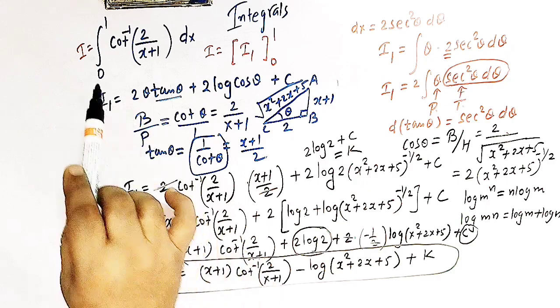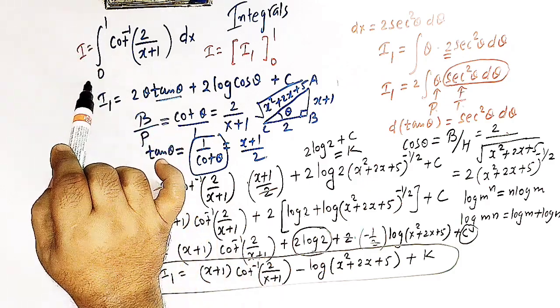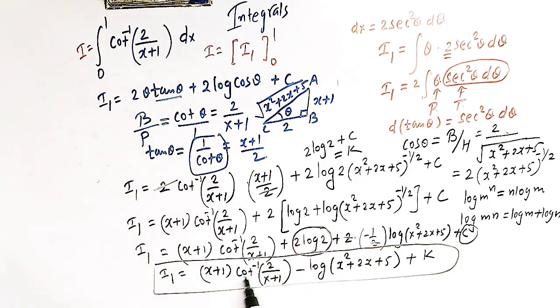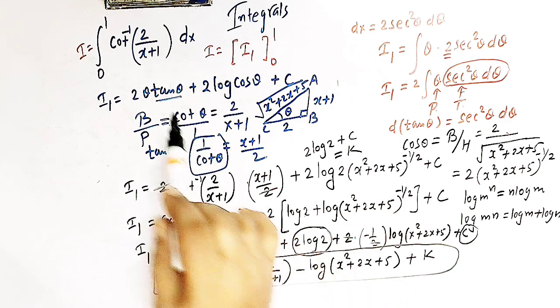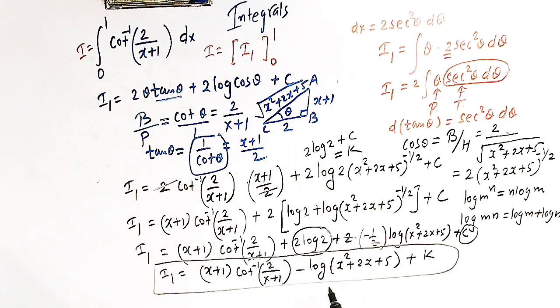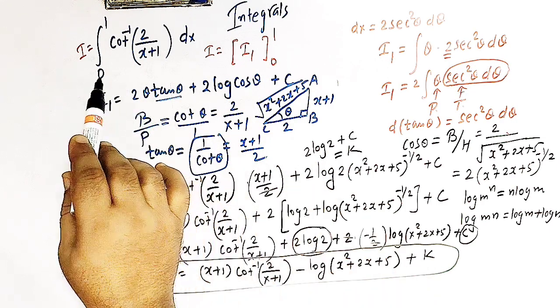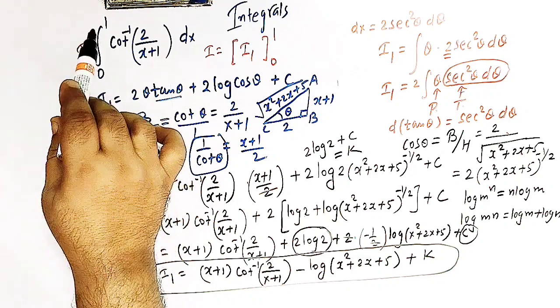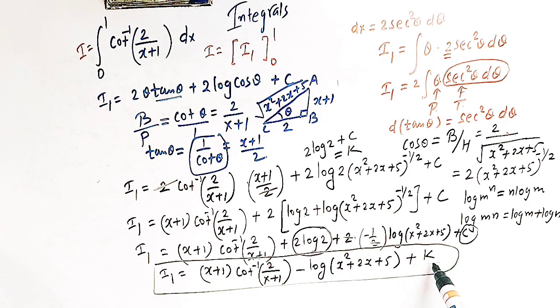So now we have to find out the definite integral from 0 to 1. So we'll simply utilize the limits and take the difference. And when we find the definite integral, we will not consider this constant of integration.